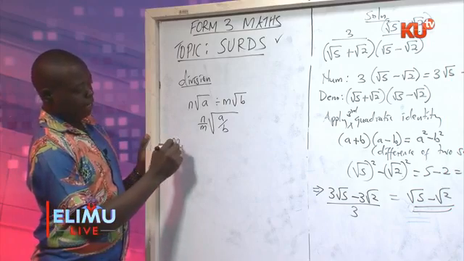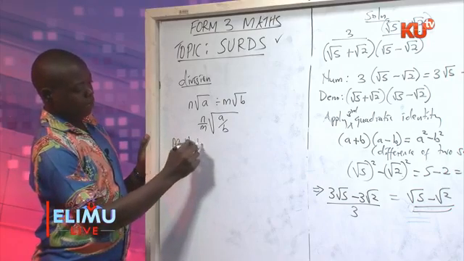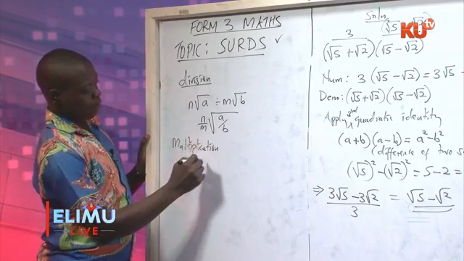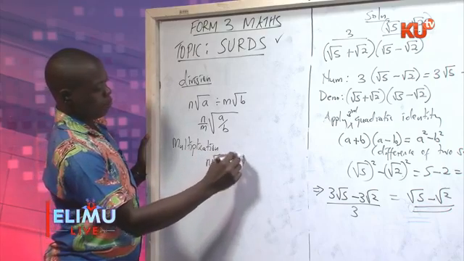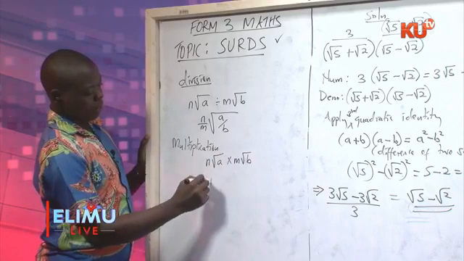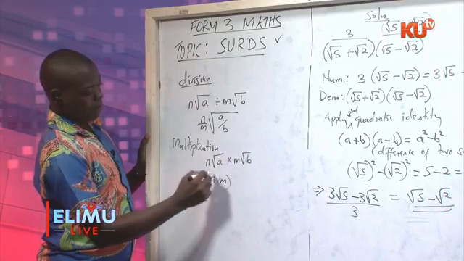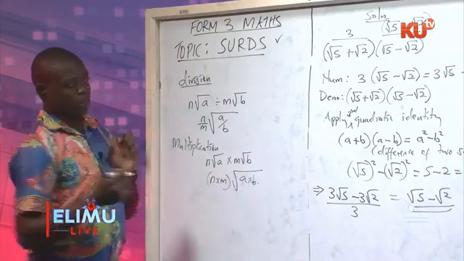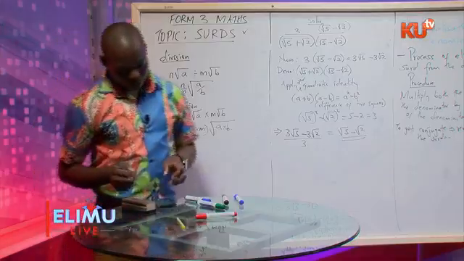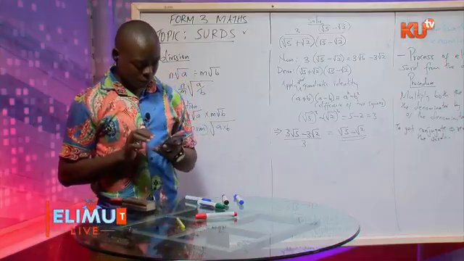For multiplication, we have n root a times m root b, then what you'll have is n times m, and then root a times b. That is what you follow in division and multiplication.